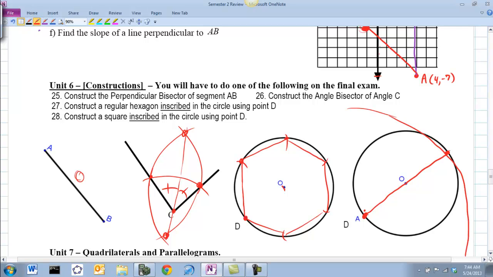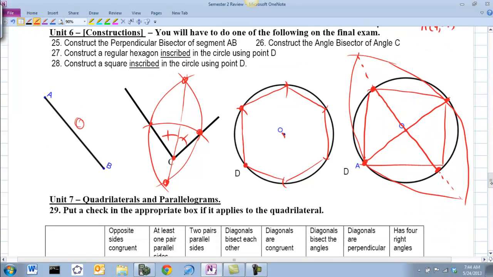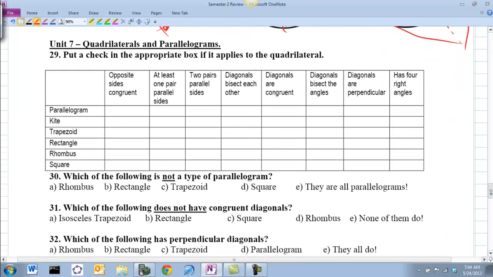And then I would reverse it and do the same thing, so that I would get a perpendicular bisector going right through the center of the circle. And then this point and this point will be the other two vertices of my square, and I would have, boom, a square, which doesn't look like one, but that's okay.